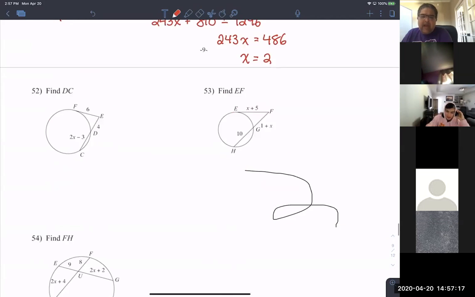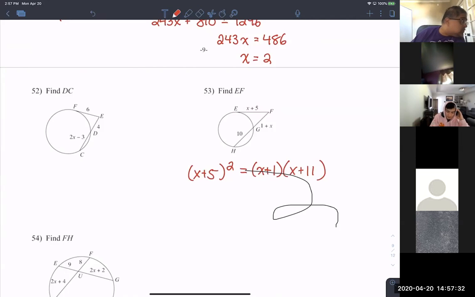The main thing is the algebra here. So it'll be like this one, remember it's secant times tangent. So it's tangent squared equals piece times whole. Okay. And then you do the algebra.